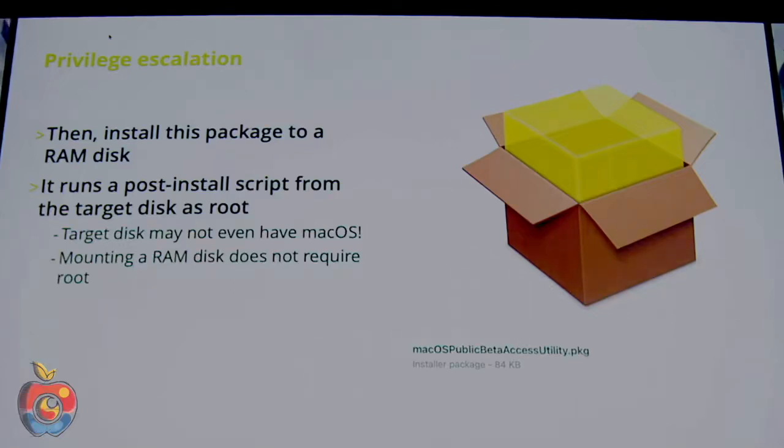But as a normal user, you can just attach a new disk image or create a RAM disk and then use this service to install to that disk. And at that point, you are running a command that the user specified as root. So just mount the disk, put that file on the same path there, and there's no check if it's a macOS disk. Just go to the installation on that disk, and you're executing code as root.